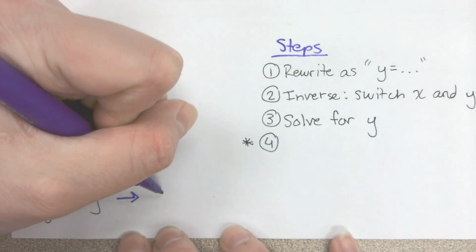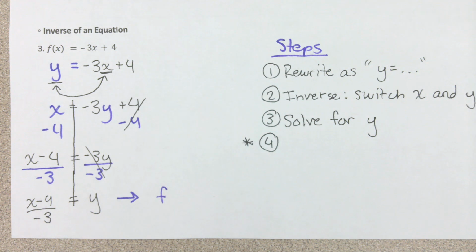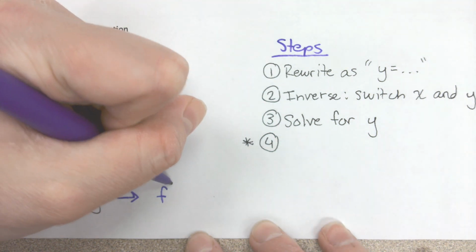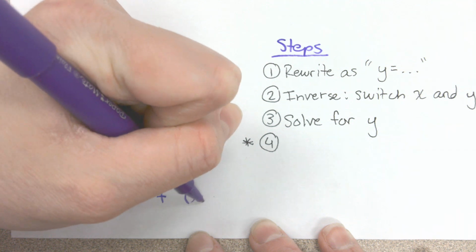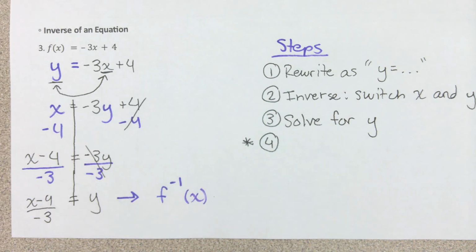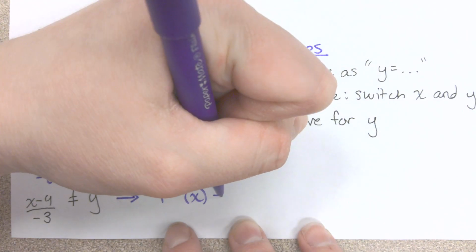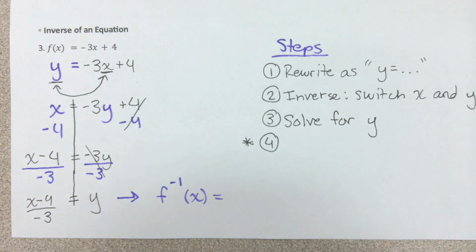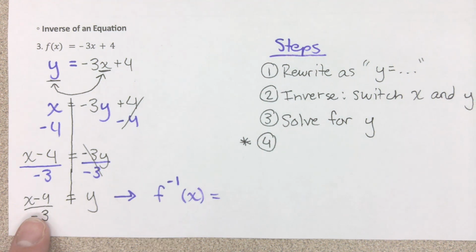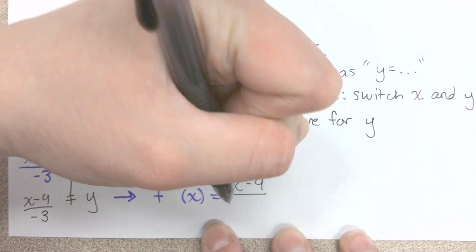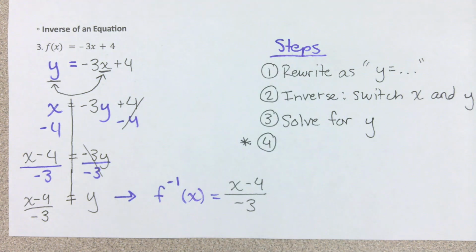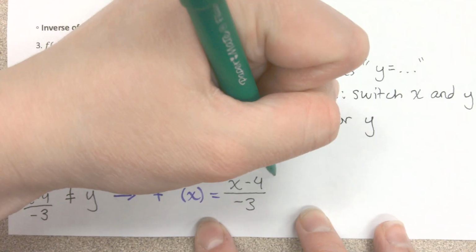So when I bring back f, it's going to be f with the inverse notation of x. So we replace y with the f inverse, and then we're going to copy down the equation. X minus 4 divided by -3. This is our final answer.